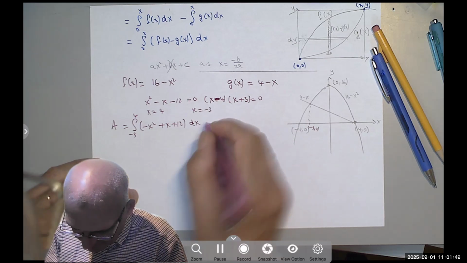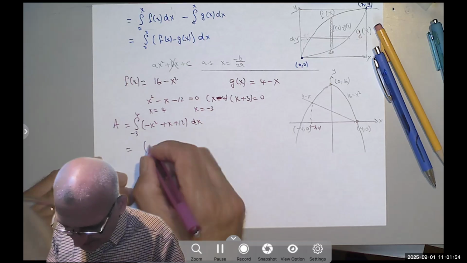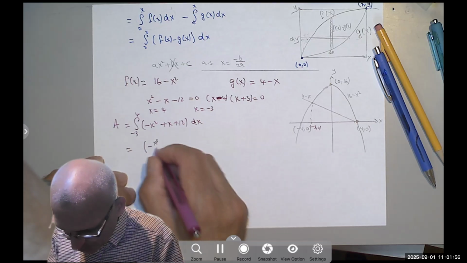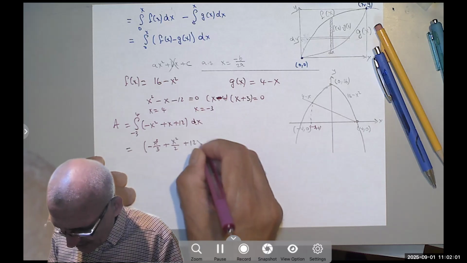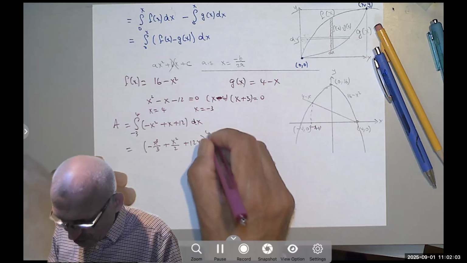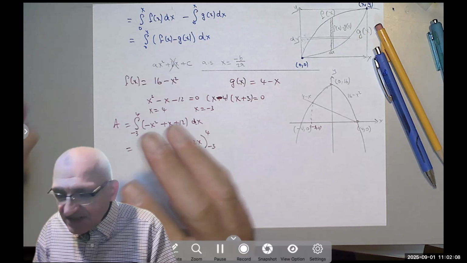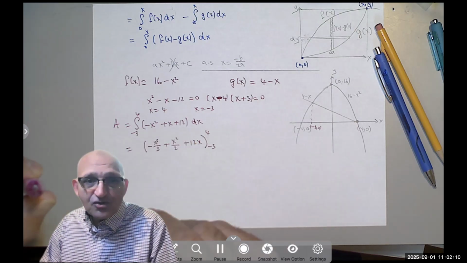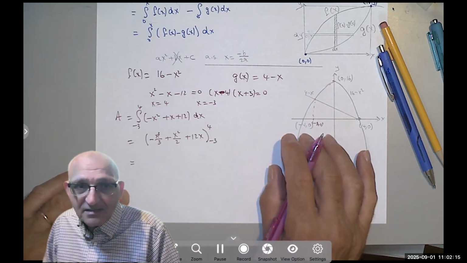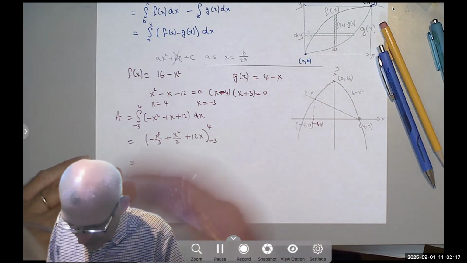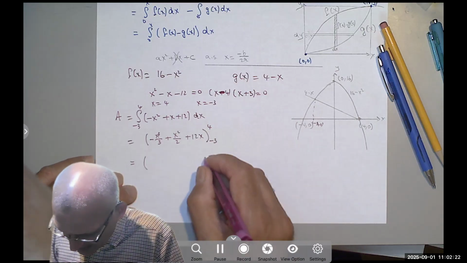Next step, I do the integral: negative x cubed over 3 plus x squared over 2 plus 12x evaluated from negative 3 to 4. Please be very careful of what you are doing here. I've seen too many mistakes from students. So the way I always do it, and I always tell you to do that, is to have two pairs of parentheses with the negative between them.